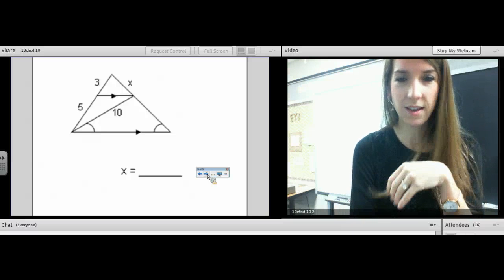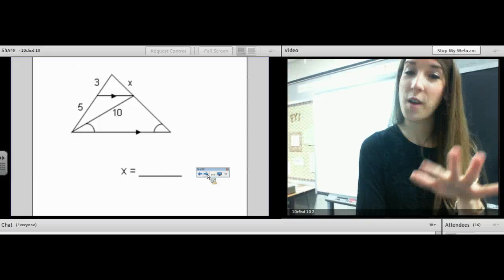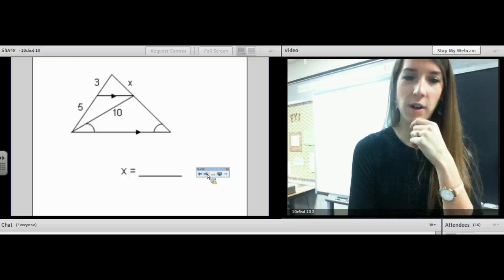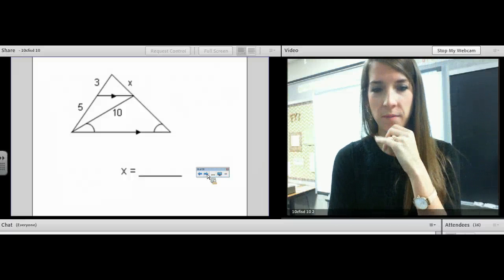I'm not saying anything yet. Although I do see some angle markings that make one of those triangles isosceles, so that might help you.